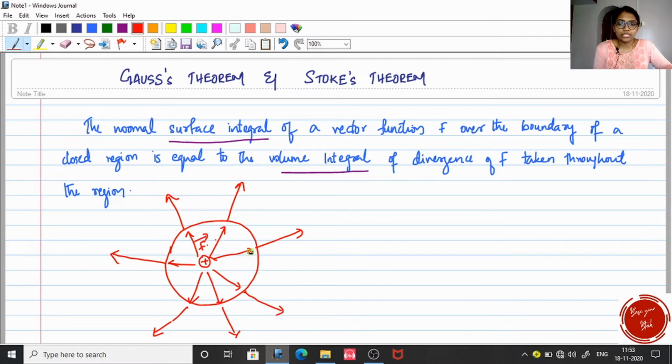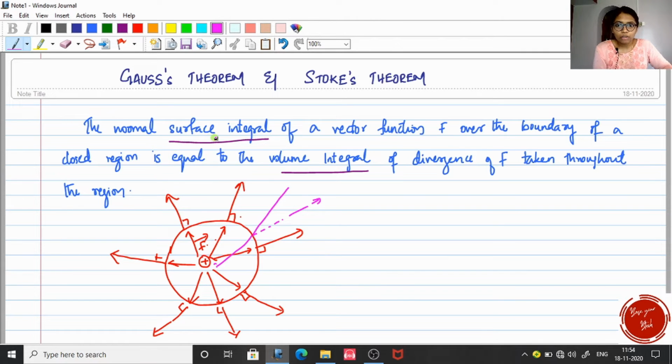See, this is the closed region, and from the boundary of the closed region, let us take only the normal component, which means sometimes the flux will be emerging out in an inclined fashion. In such cases, you need to take only the normal component of this inclined flux. So what I mean is only take the normal flux lines that emerge out from the boundary of this closed region.